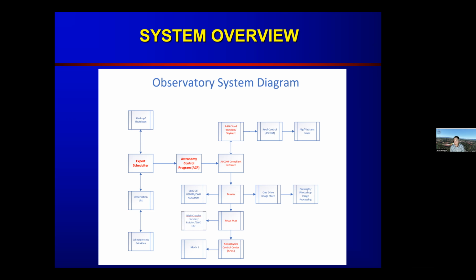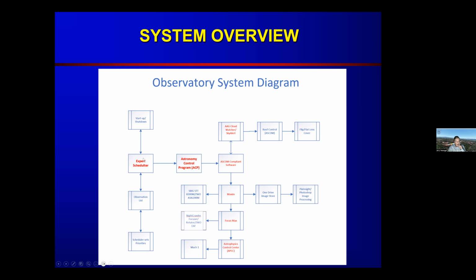It learns, so in a sense it is machine learning. It optimizes on the basis of your past performance what would be the best targets for you to use during your individual imaging session. That is done by Expert Scheduler.